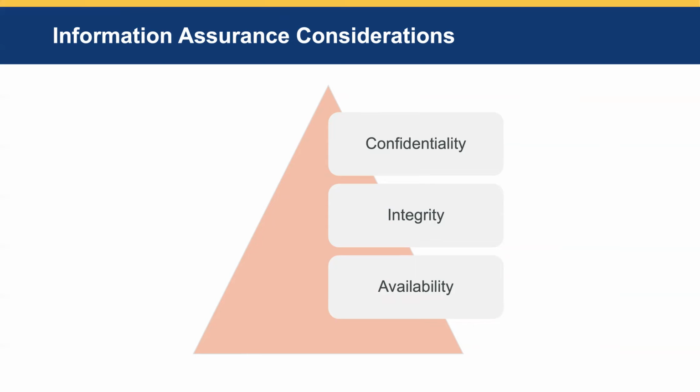And so with this in mind, non-repudiation is going to help us to ensure that an individual can't deny or dispute being part of a transaction. So if we have our goals of confidentiality, integrity, and availability in place, then we're able to ensure that. And so remember that we abbreviate this as our CIA triad.